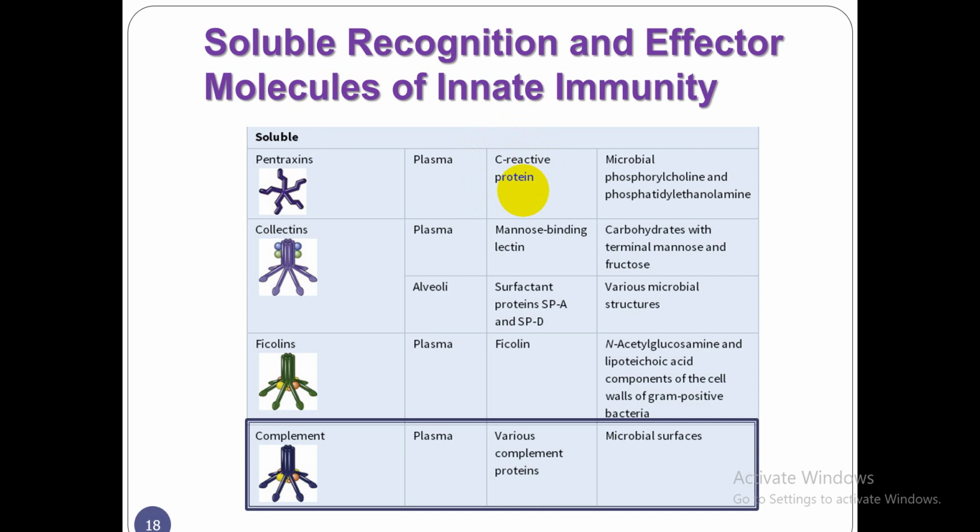Also, another example of collectins is surfactant, and you know that surfactant covers the alveoli, and they can show some responses against pathogens. And also you see ficolins and complement, and these are examples of soluble recognition receptors.